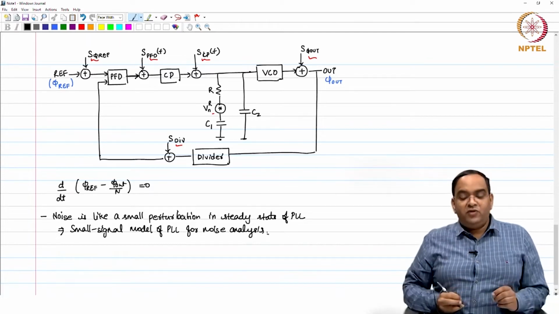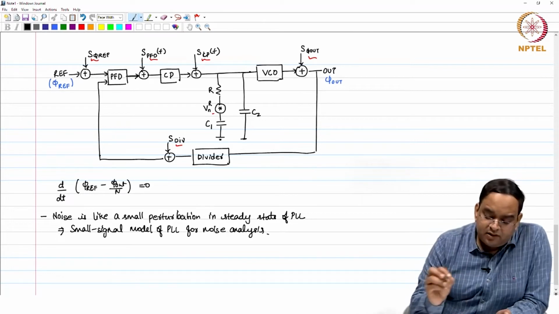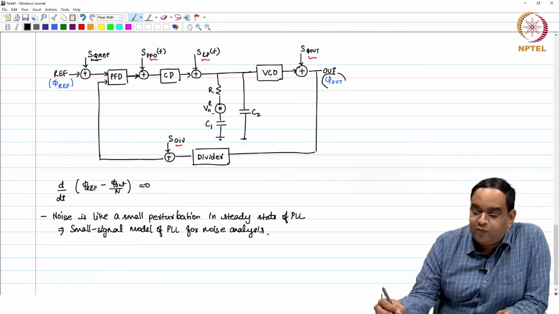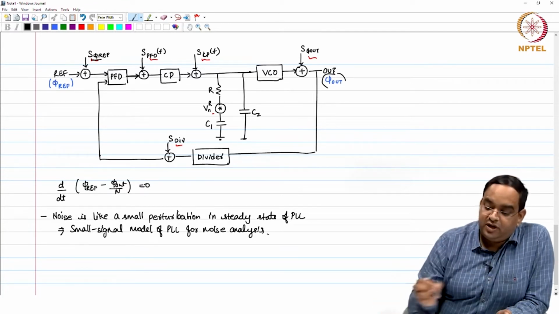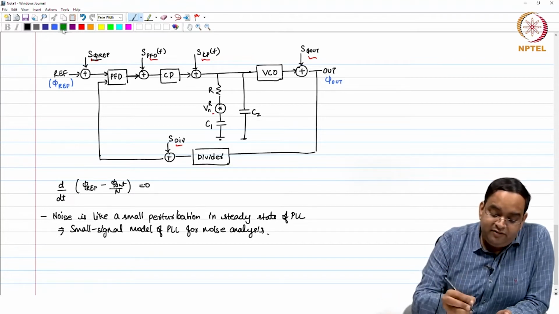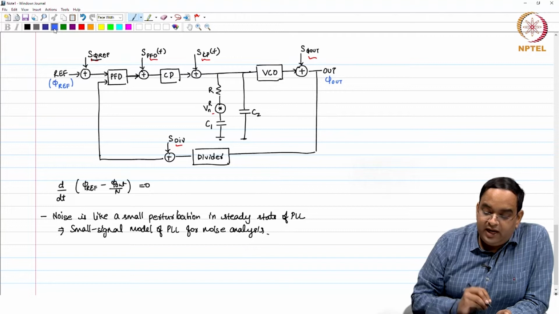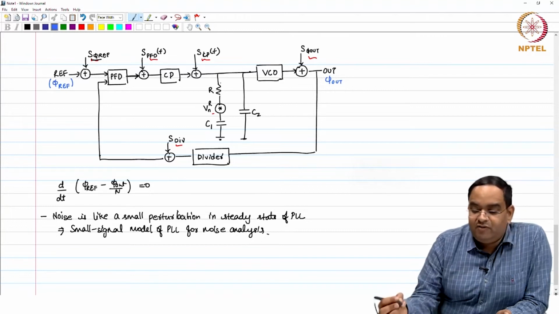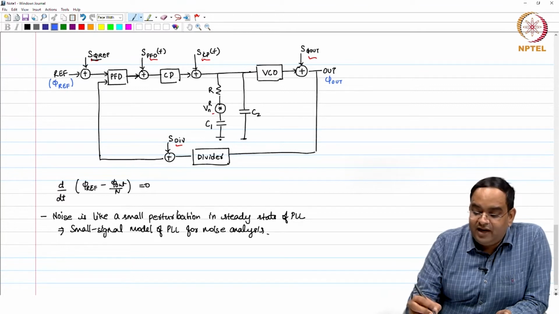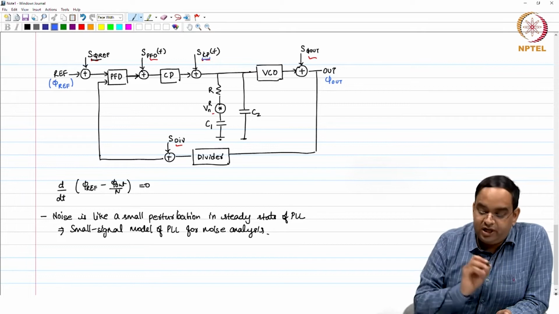So, what we need to find is how this reference noise gets converted to the output noise. Before we look at that, I will identify that at each point, whatever variable you had before, we have added the noise within that particular variable only.